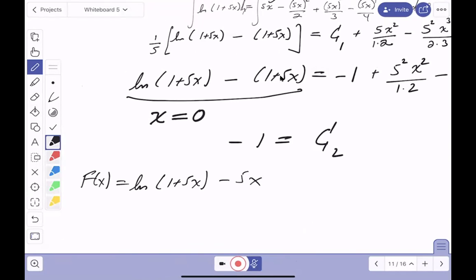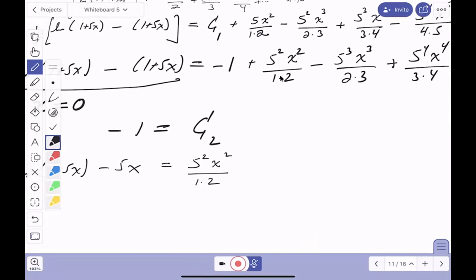Well, then that minus 1 on the other side is going to cancel. So what I left off with over here, I'll write down for you. 5 squared x squared over 1 times 2, minus 5 cubed x cubed over 2 times 3, plus 5 to the 4 x to the 4 over 3 times 4.